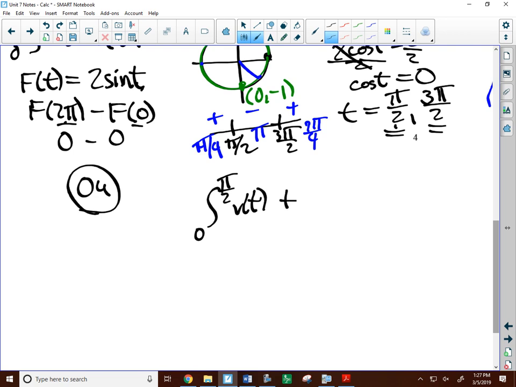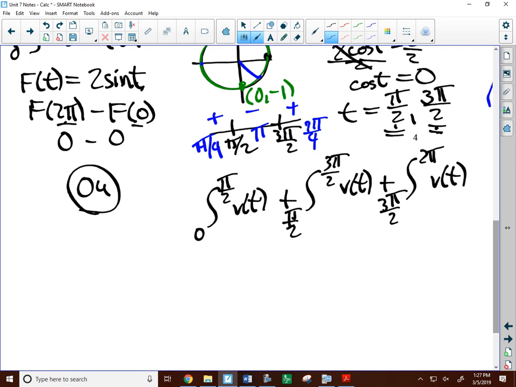Plus the integral from pi over 2 to 3 pi over 2. It's basically the additivity property, breaking it up. Plus the integral from 3 pi over 2 to 2 pi, of b of t.